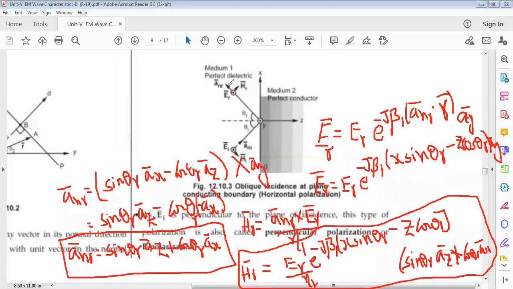The theta R is there. I think towards the H we have to draw the diagram.